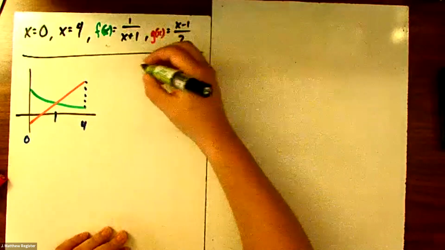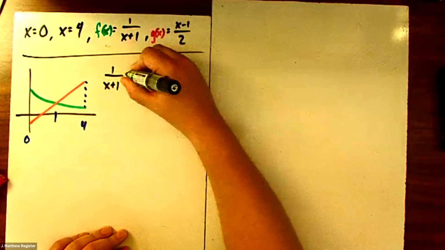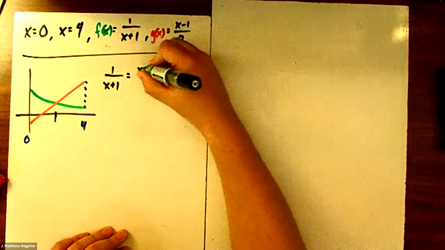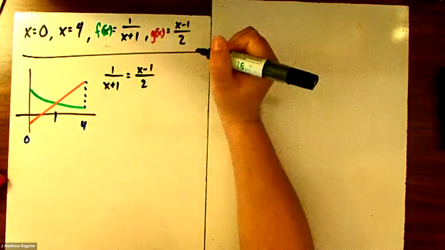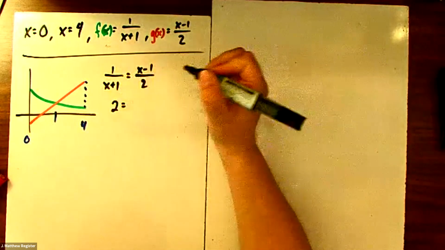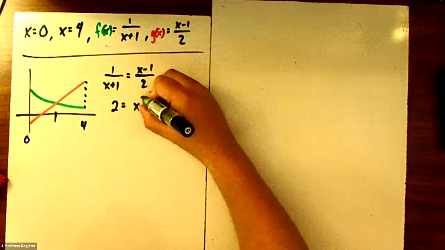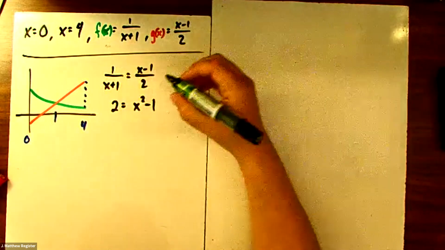And so we would say 1 over x plus 1 is to be equal to x minus 1 over 2. We can cross multiply, which gives 2 equals x squared minus 1, because it's the difference of two squares.